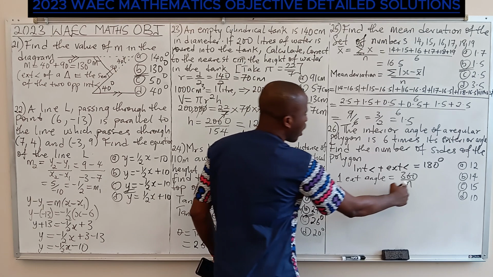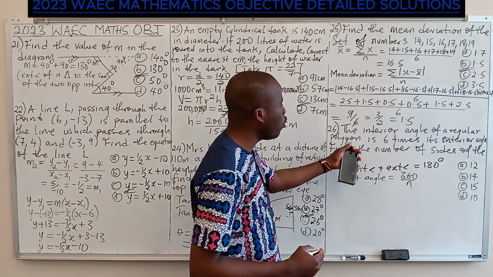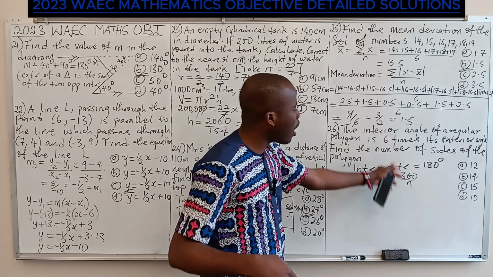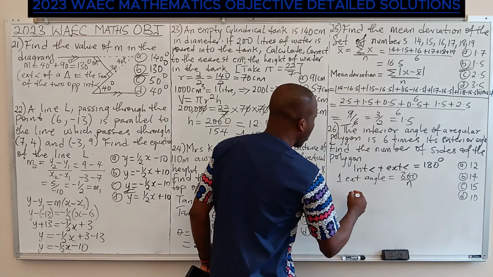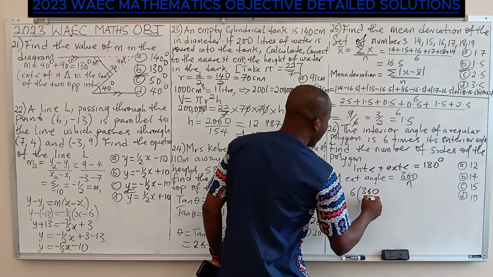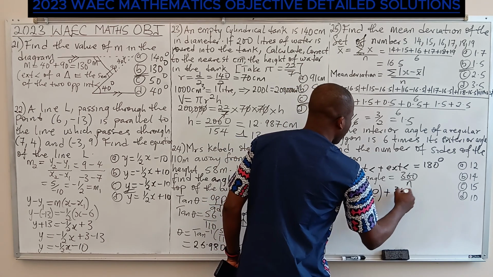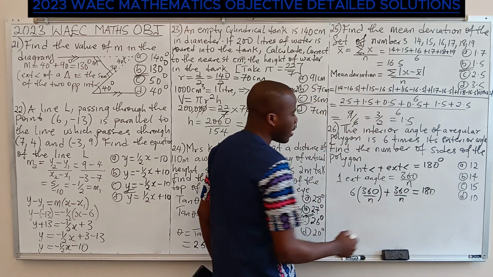If one exterior angle is 360 over n, we are told that the interior angle of a regular polygon is 6 times the exterior angle. So the interior angle will be 6 times this. So using this relationship, interior angle, 6 times 360 over n, plus exterior angle, 360 over n, equals 180. I can multiply through by n.